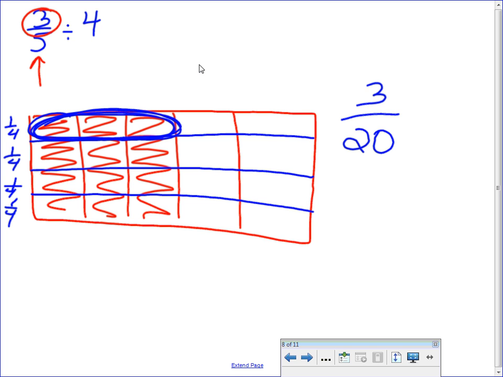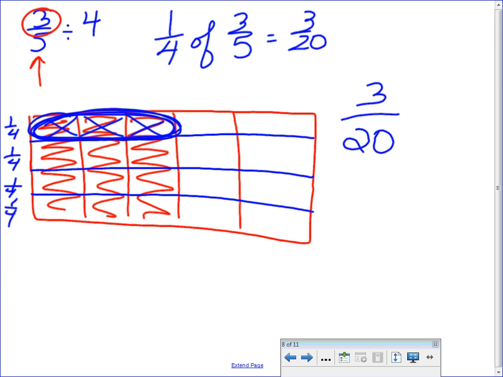How many boxes fall in there? 1, 2, 3. But how many total boxes do I have now? 20. So 3/5 divided by 4, or you could write it 1/4 of 3/5. And that equals 3/20.